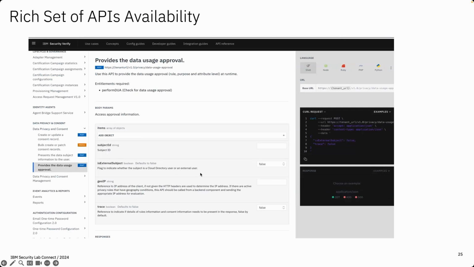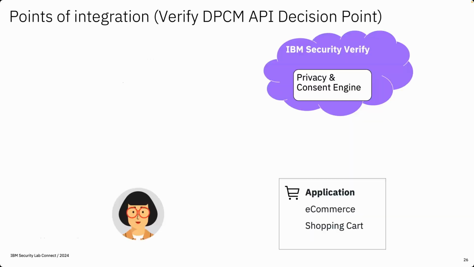These are very handy for the point of integration where the application controls the user experience, uses APIs, and takes help of the consent management engine to evaluate the consents.